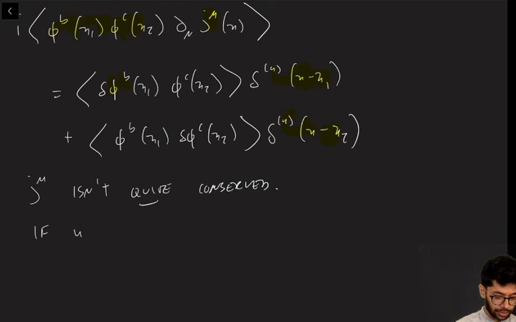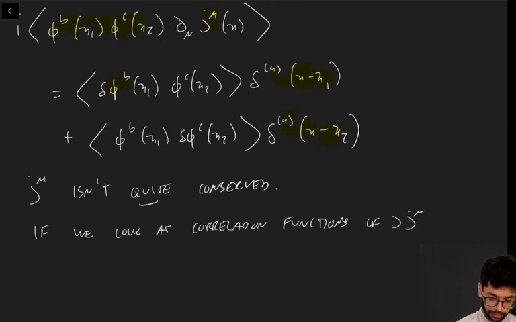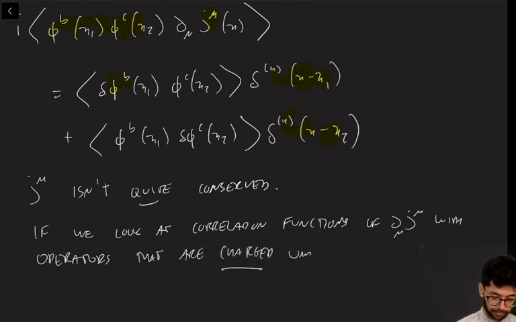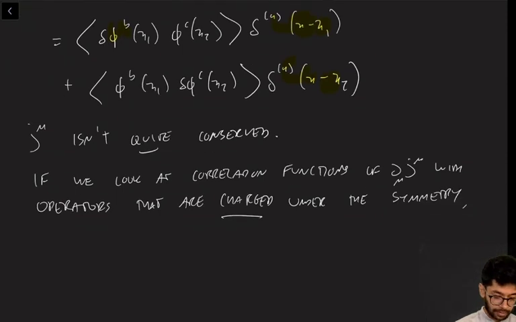So if we look at correlation functions of j^mu, or rather d_mu j^mu, with operators that are charged under the symmetry generated by j^mu, then j^mu is conserved up to delta functions where those other operators are.